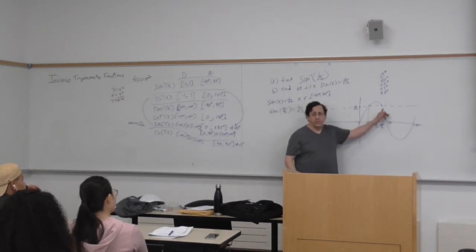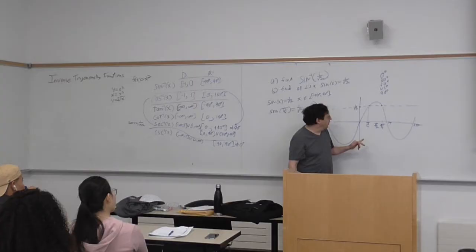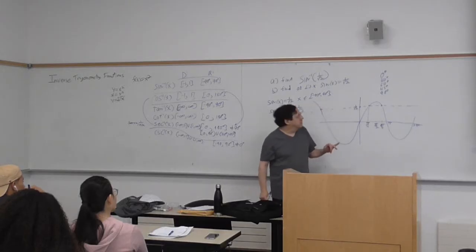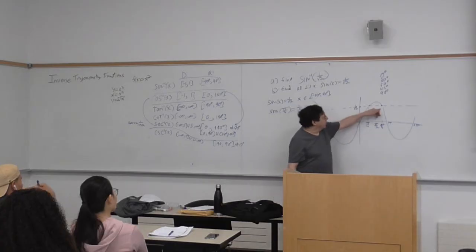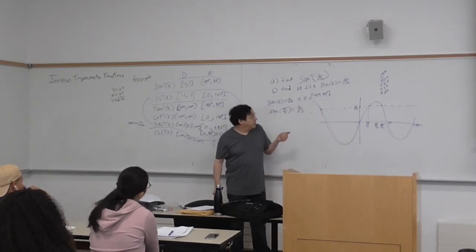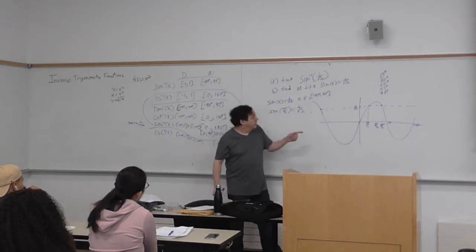Three pi over 4 has the same what kind of angle as pi over 4? Reference angle. And the sine function in the first and second quadrant is positive.